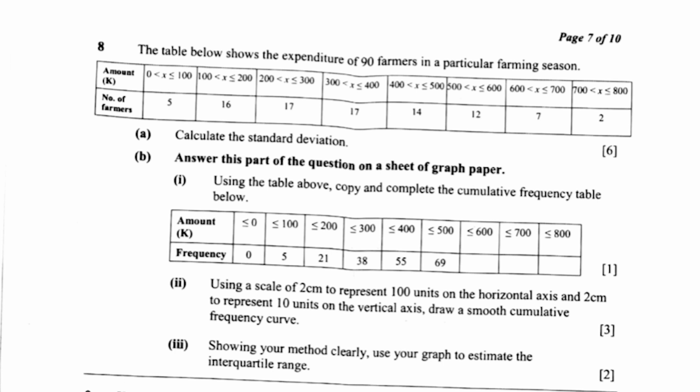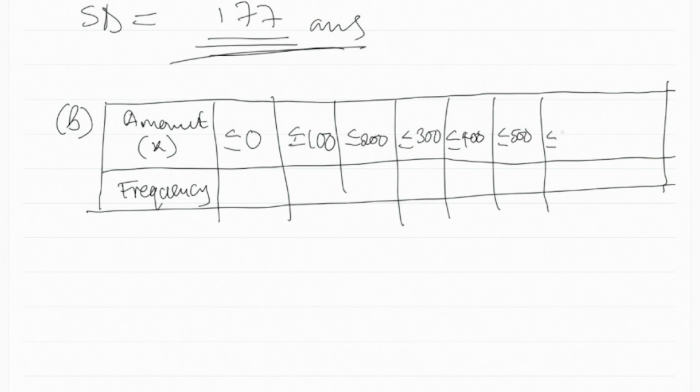Quickly we can come up with that, and you're able to see that we have less than or equal to 0, less than or equal to 100, less than or equal to 200, less than or equal to 300, less than or equal to 400, less than or equal to 500, less than or equal to 600, less than or equal to 700, and finally less than or equal to 800.